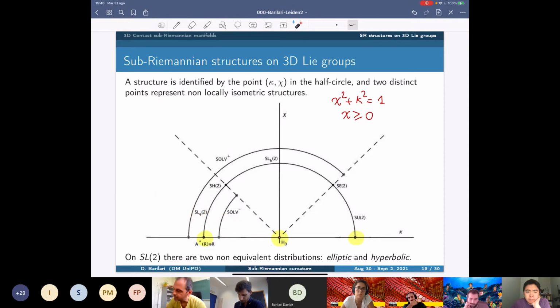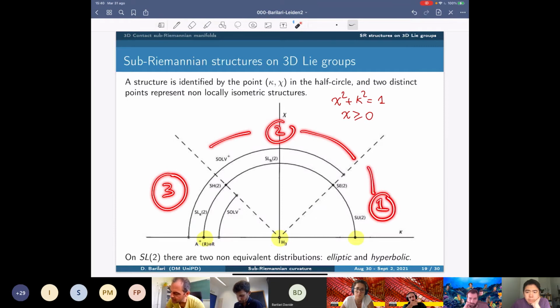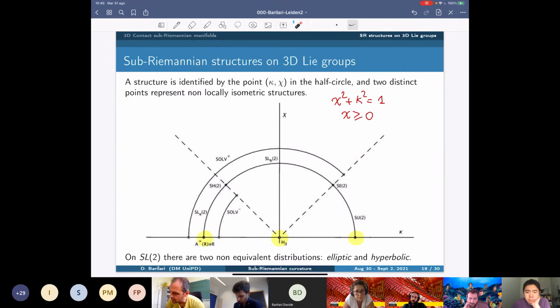Here in this region you have 3, in this region you have 2, and in this region you have 1. The full half of a circle is made by semi-simple groups, and the other ones are solvable.